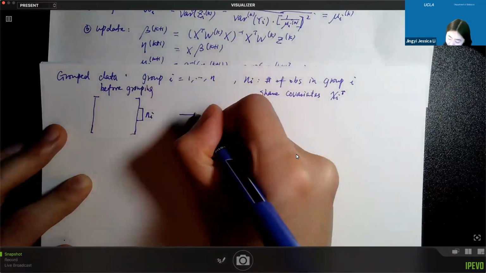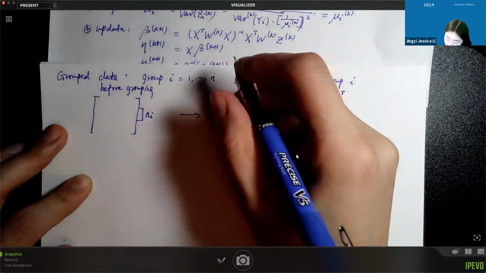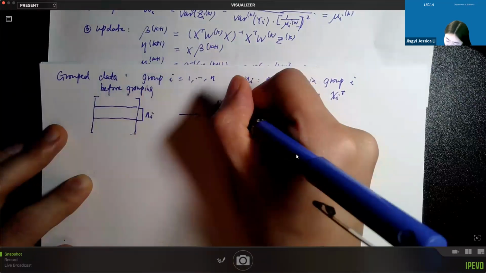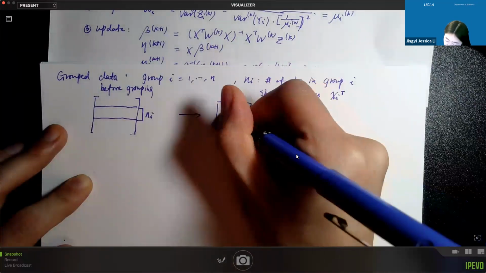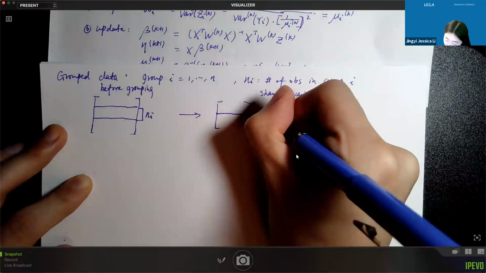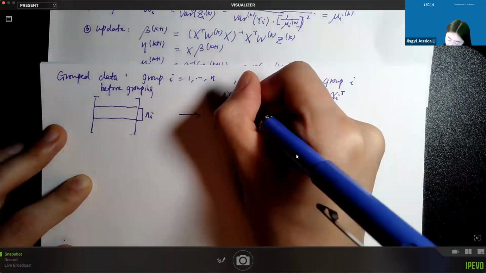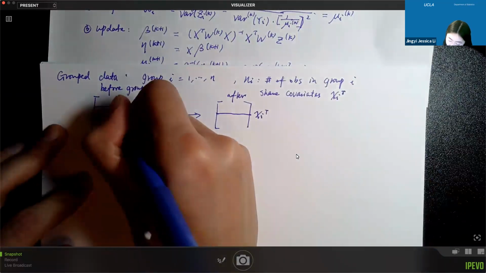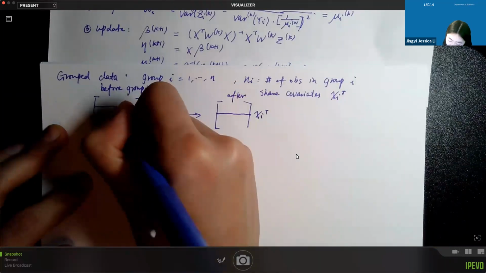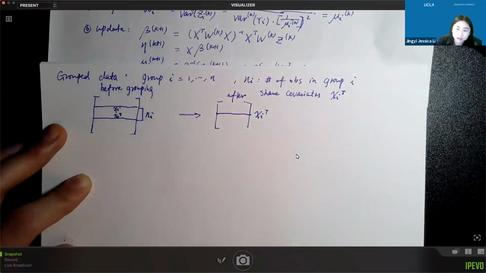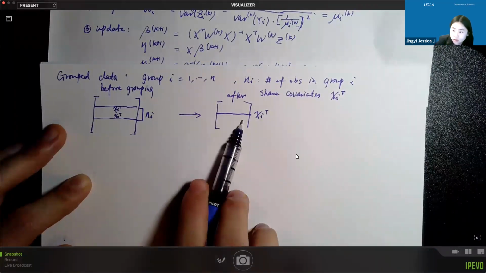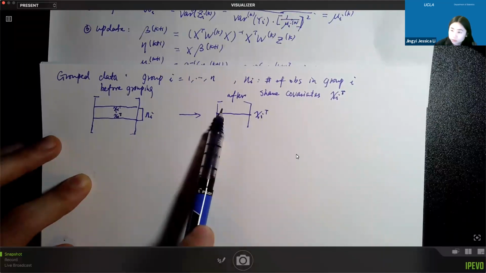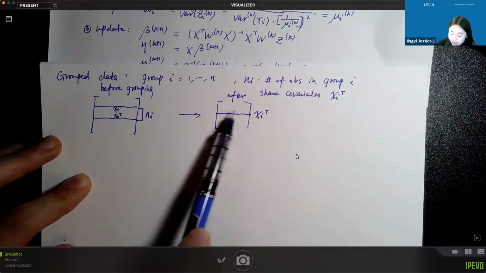After grouping, it used to be a block, but I'm now going to condense it into one row, I call that x_i transpose. So previously I have x_i repeated n_i times, but now they're condensed to one row.